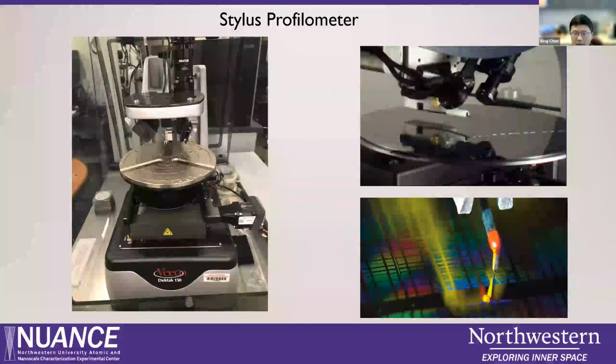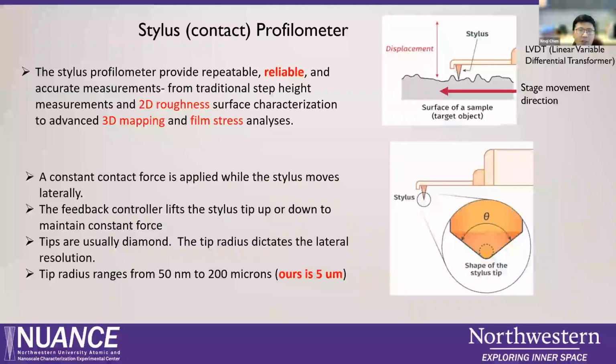On the next slide, I will show this. On the right, you can see the image. The stylus is scanning on the surface. For this application, basically you move the stage, the tip doesn't move. You move in this direction, and if you go higher, then the tip will be deflected and get displacement.